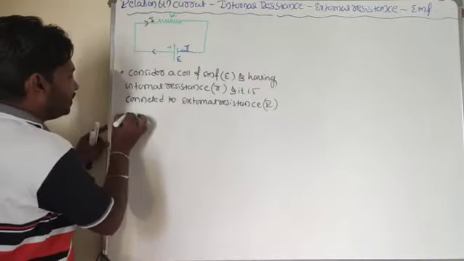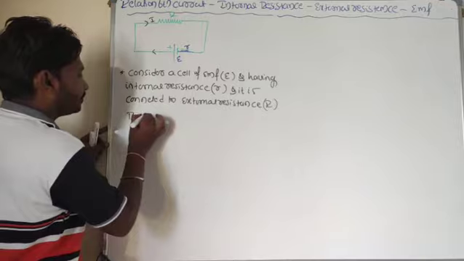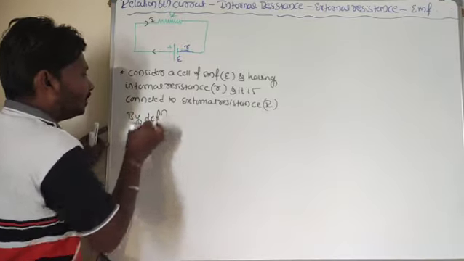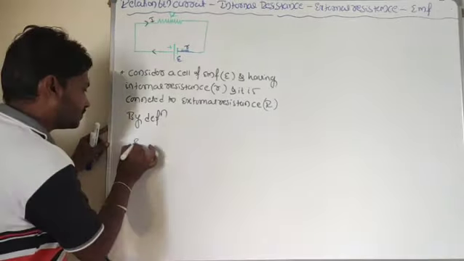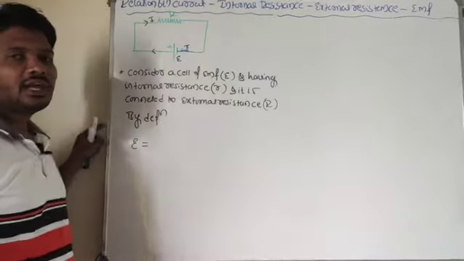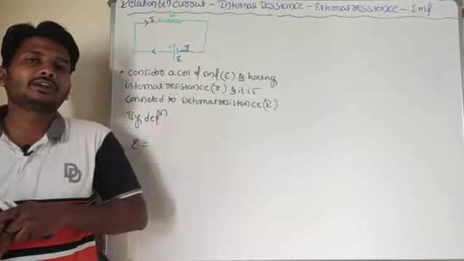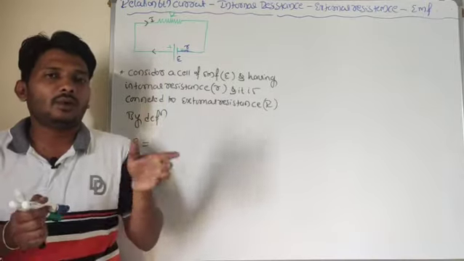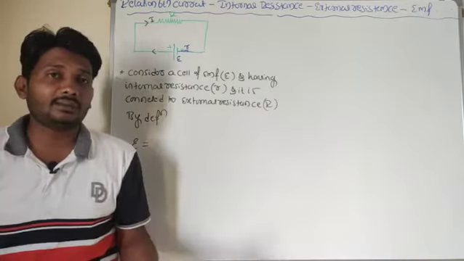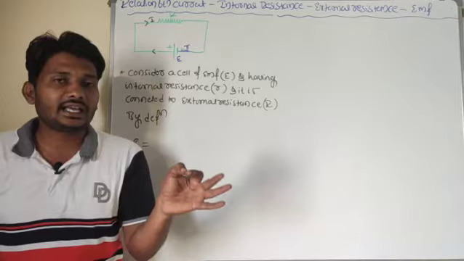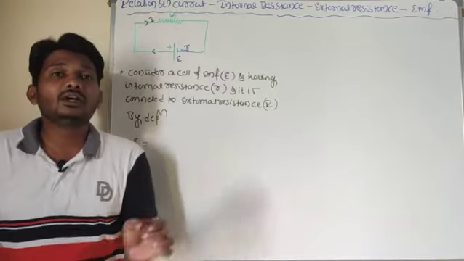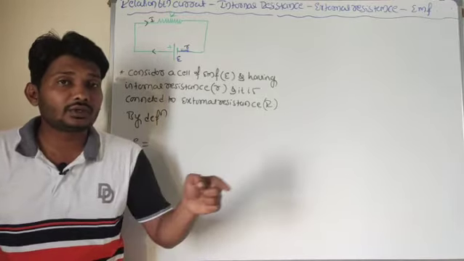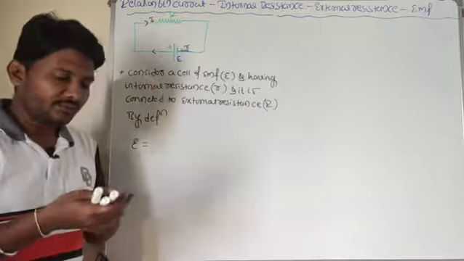Now by the definition of EMF, what's the definition I said? The potential difference between the terminals of the cell when no current flows, or by another name, the work done to bring unit positive charge from one point to another point.